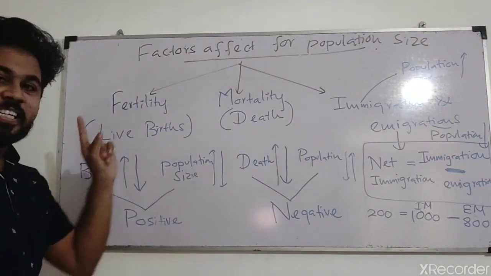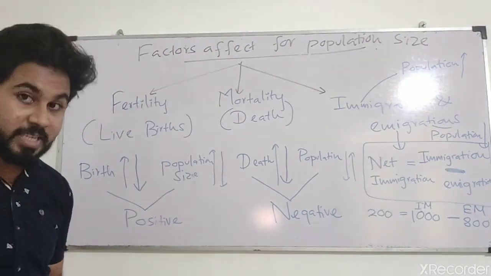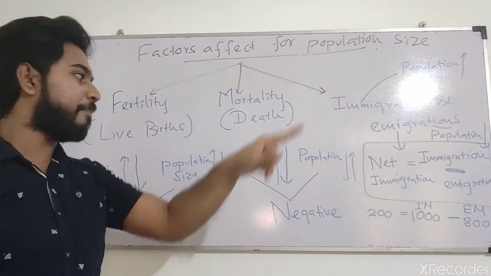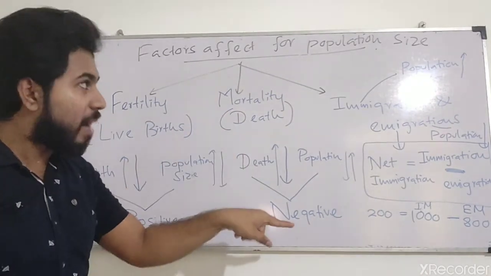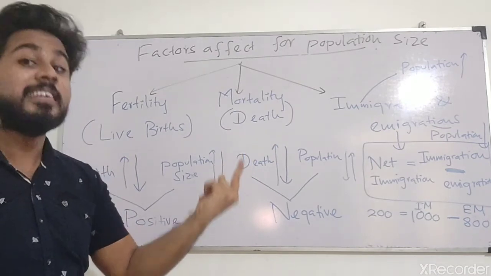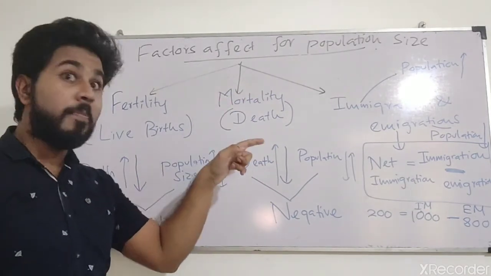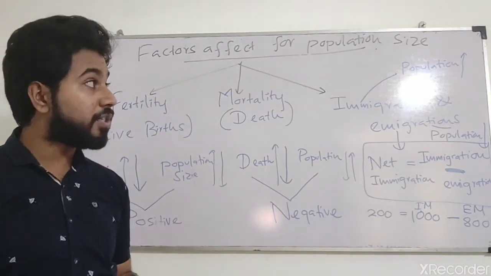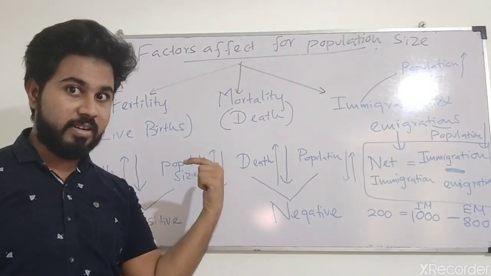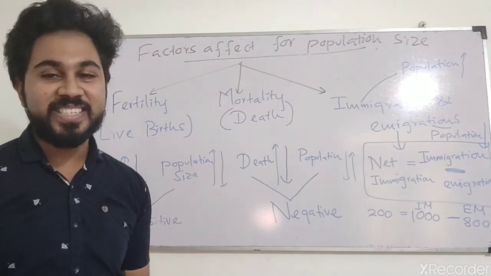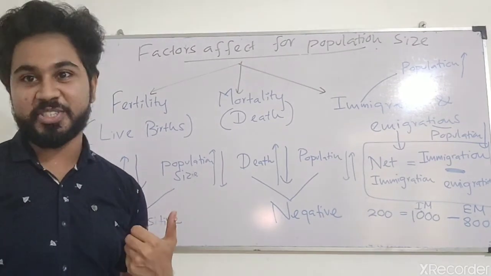However, fertility and population size have a positive relationship. Mortality and population size have a negative relationship. Then net migration and population size have a positive relationship. Immigration and population have a positive relationship. Emigration and population size have a negative relationship.